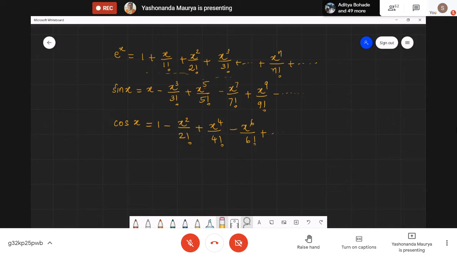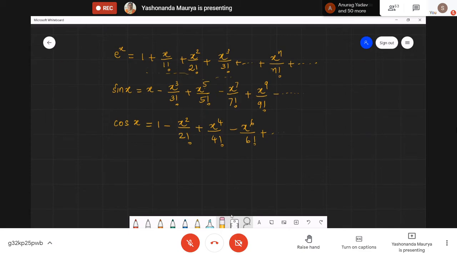So this one will be like x raised to 0, this is coming here, and similarly x square by 2 factorial, it's coming here, x raised to 4 divided by 4 factorial. So all even terms are appearing. But here also the signs alternate, starting with the first one being positive and then negative, positive, negative, positive, negative. So these are the standard expansions.